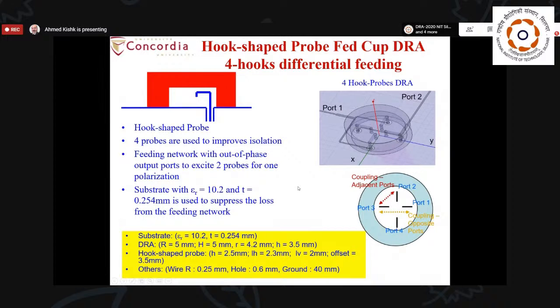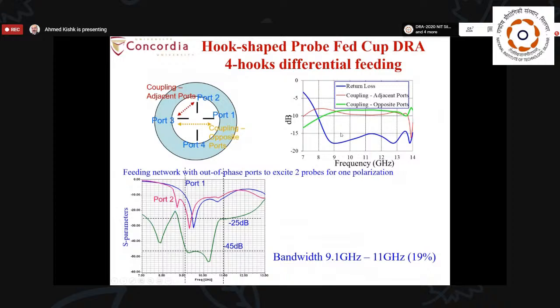And in this way, I can have good isolation between the two polarizations, although I have probe excitation. So for probe excitation, to cancel the monopole type of interaction or coupling, you use differential feeding for each polarization.